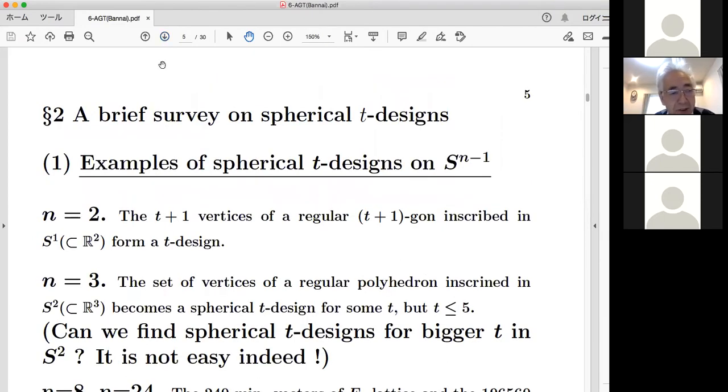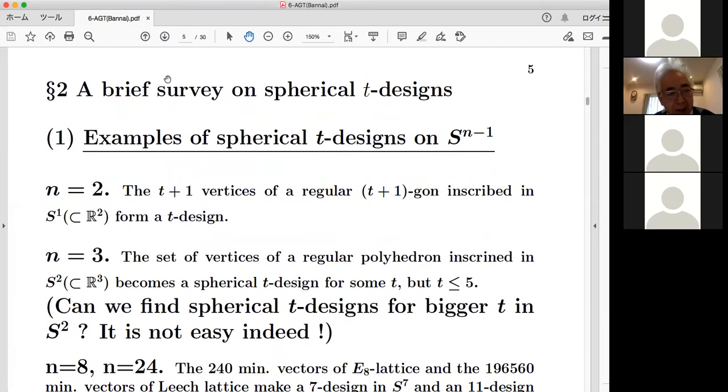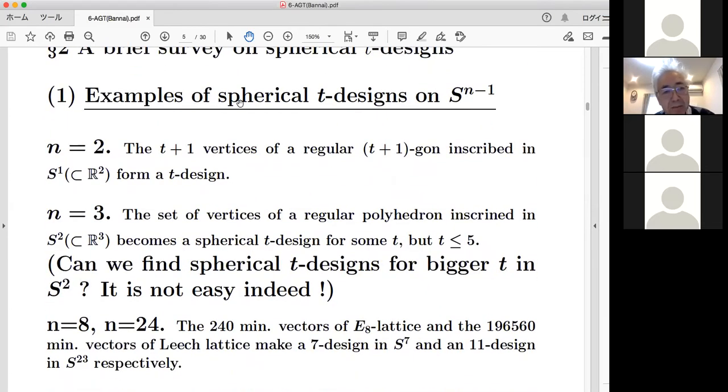Now, let me quickly explain about spherical t-designs. This is a very brief survey. First, we discuss examples of spherical t-designs on S^{n-1}. For n equal 2, namely we have R^2, the usual plane, and S^1 is the unit sphere, namely the circle.